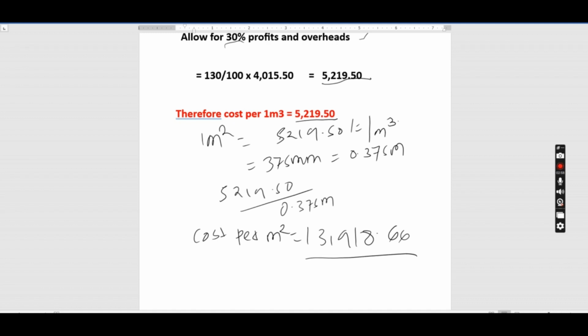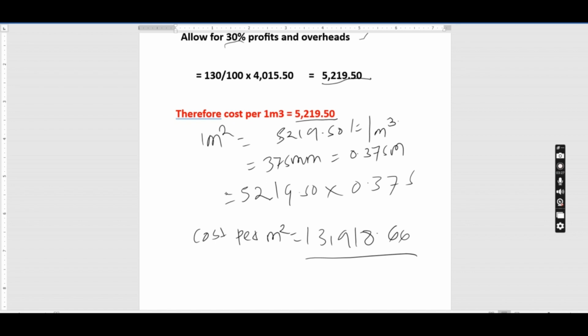So if you wanted to find the cost per meter square, this is cost per meter cubic again. I've repeated it. So our cost per meter cubic is 5,219.50, and our thickness is this. So we multiply by the thickness, because we are having here, this is cubic and then this is square. So this and this, this is meters.